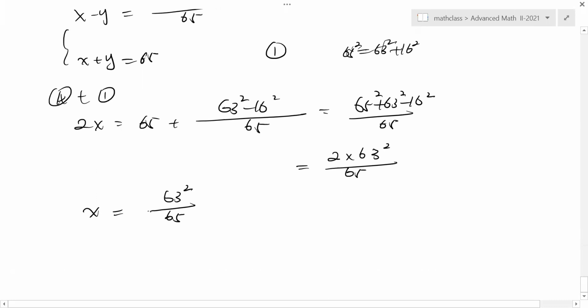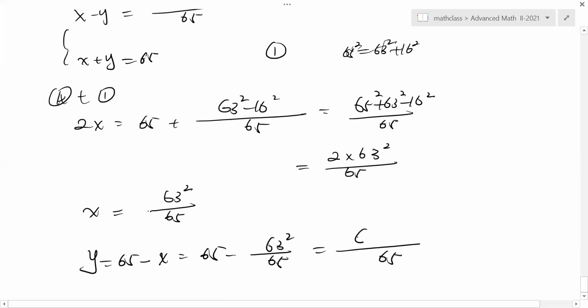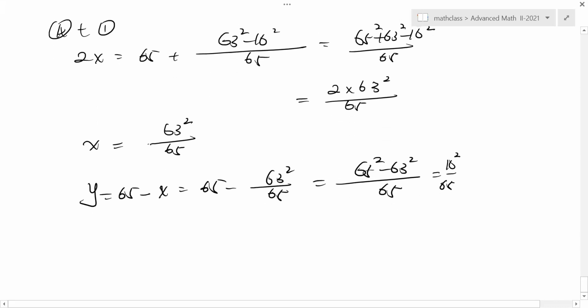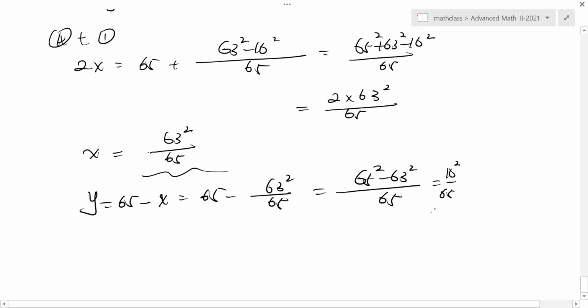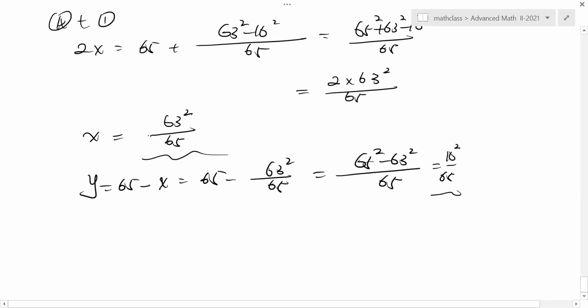And similarly, Y is going to be 65 minus X. So after simplifying, I get 65 squared minus 63 squared, that should be 16 squared. So now you have X and Y, and they look very nice actually, 63 squared and 16 squared in the numerator.